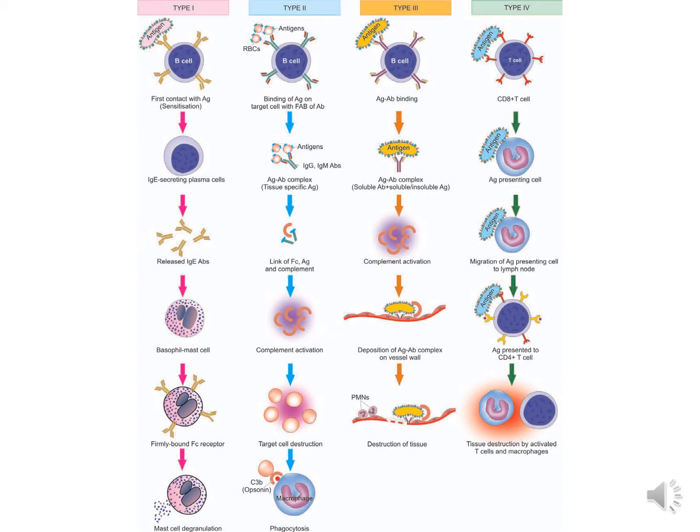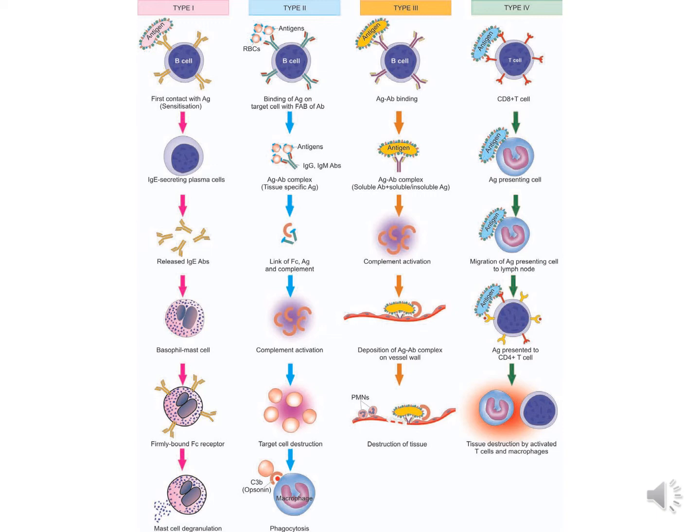Type 2, when binding of antigen and target cells with Fab or antibodies, they may result in antigen-antibody complex formation in case of tissue-specific antigen.